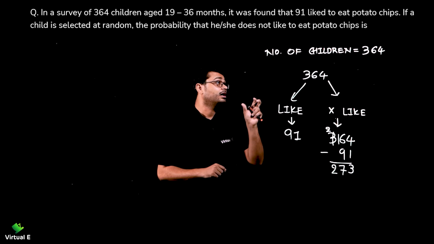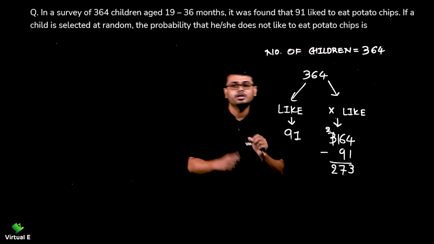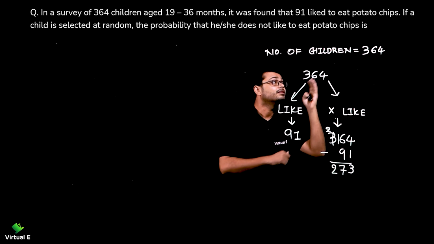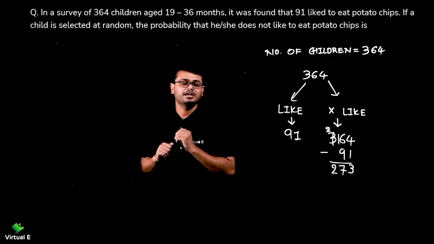Total children are how many? 364. So we get the probability: you take 273 by 364. That is the answer.